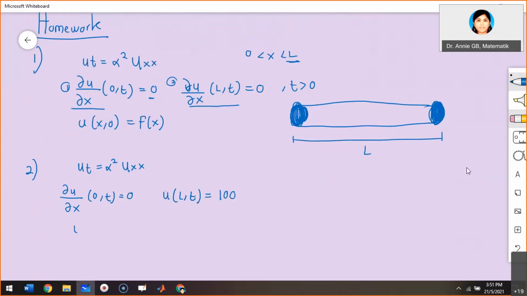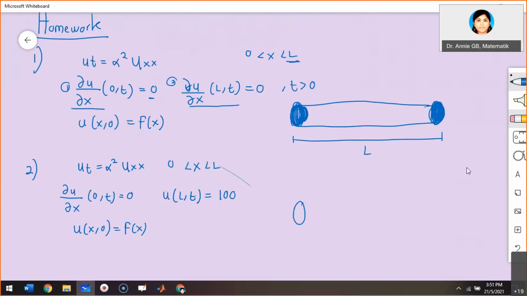And then u(x,0) equals f(x). Okay. So what this tells you, okay, ni tadi Neumann boundary condition kan? Neumann boundary condition. Now what this equation tells me, the interval dia masih from 0 to L. Okay, so let's look at what happened here.